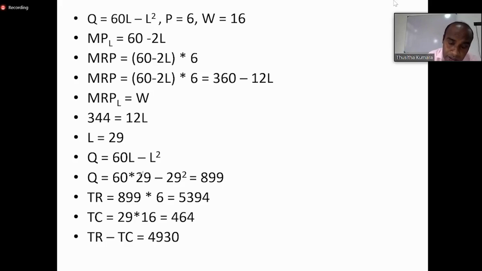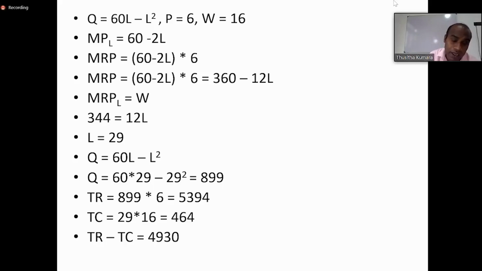That is 60 multiplied by 29, the number of labor units at the optimum point, minus L power 2, which is 29 power 2. If you solve that, your total output will be equal to 899. That is the output level given the price and the marginal product.